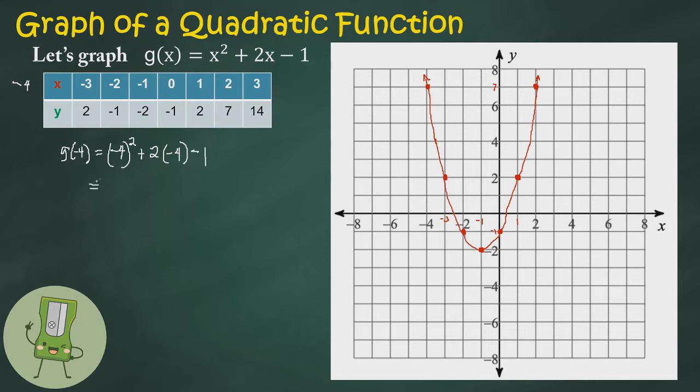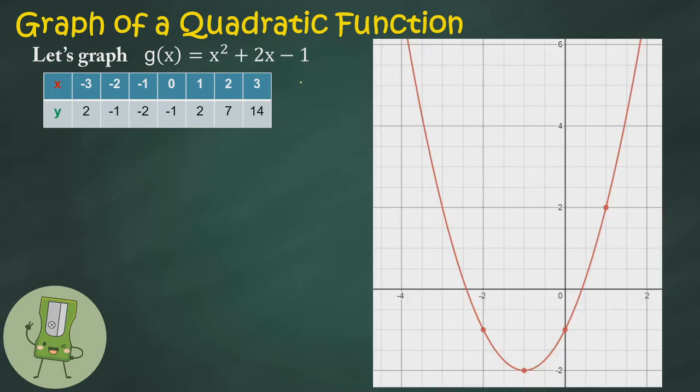And then we have 16 minus 8 minus 1. So we have g of -4. That will be equal to 16 minus 8 minus 1. That will be +7. So our value of y here is +7. So that's why we got this point right here.